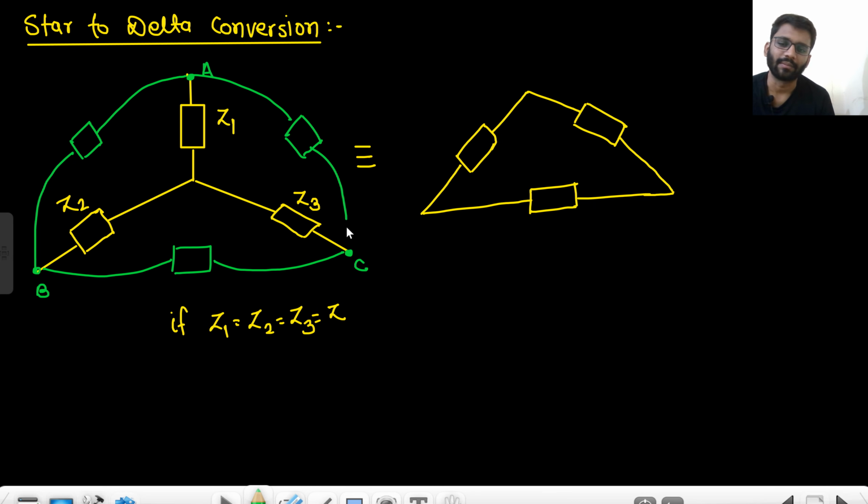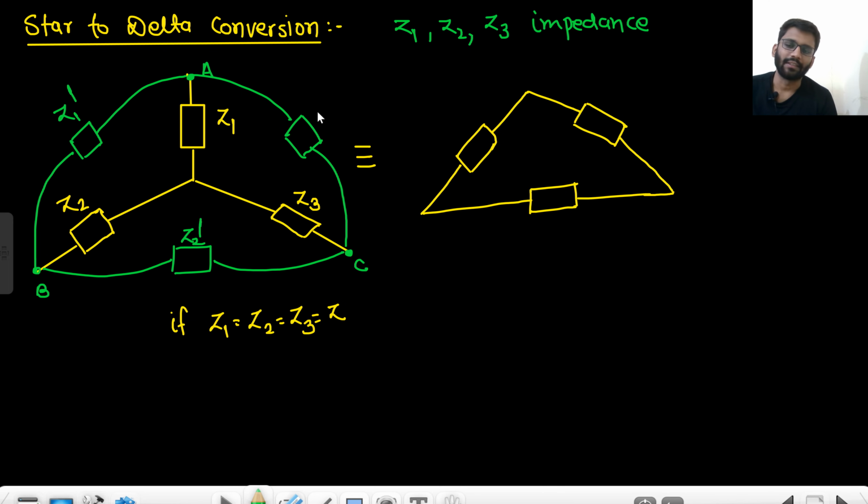Between A and C, we will get some impedance. So these Z1, Z2 and Z3 are impedances. Okay. Z1, Z2, Z3 are impedances. So basically, we are converting this configuration into this configuration. They can have some value. Let's call this one as Z1 dash, this one as Z2 dash, and this one as Z3 dash. So they will have some value.